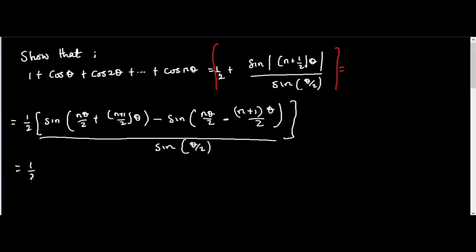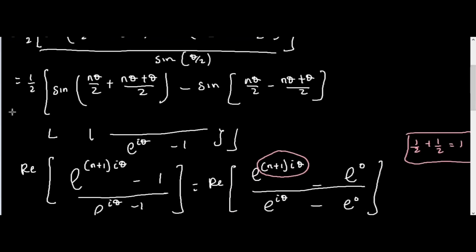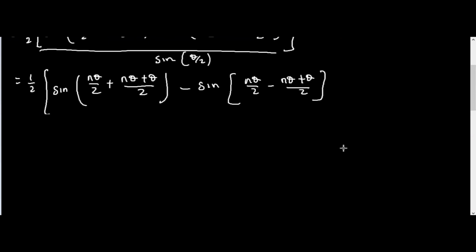So if I have 1 over 2, if I expand that one now, I will have sine of n pi over 2 plus n pi plus pi over 2, minus sine of n pi over 2 minus n pi plus pi over 2, right? n pi over 2, all over the sine of pi over 2.